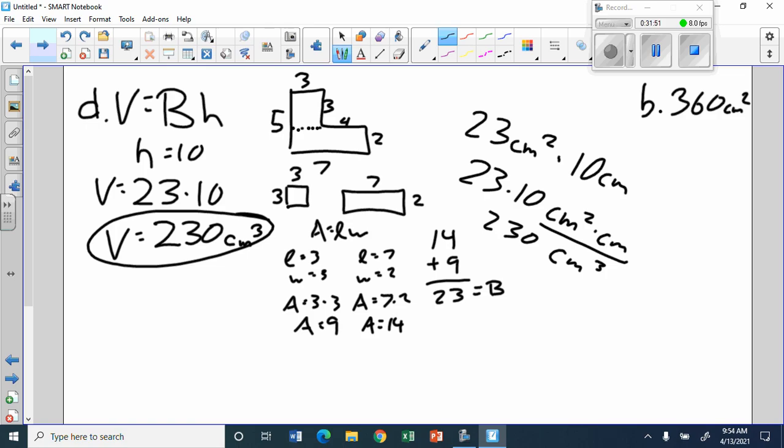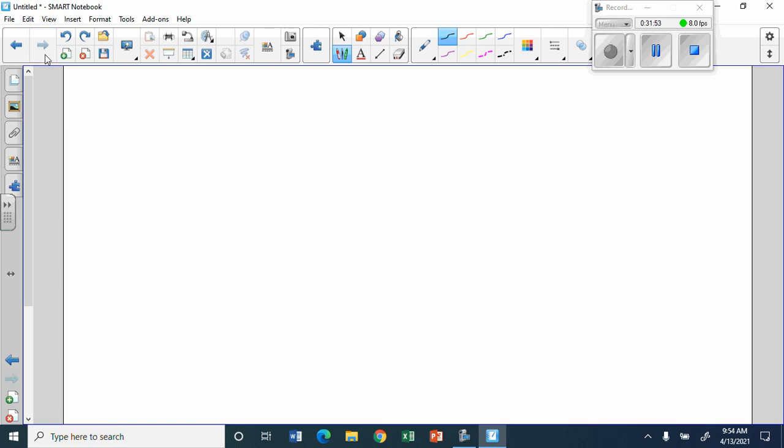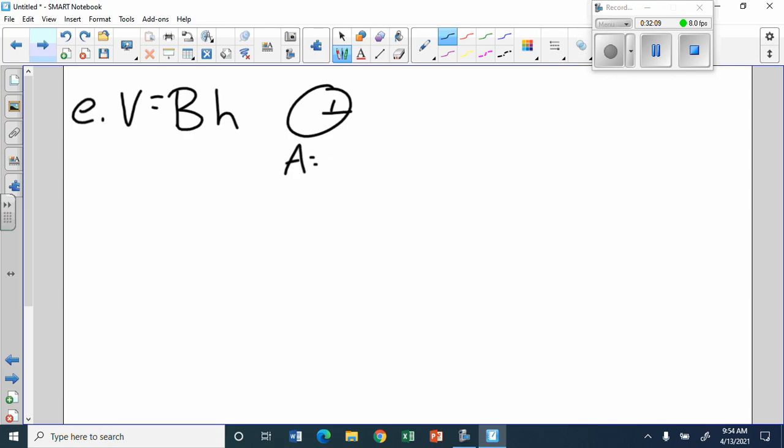Volume equals base times height. E. Volume equals base times height. There's my base. What's the area for the base? Area equals pi r squared. R is 1. Area equals pi times 1 squared. Area equals 1 pi.